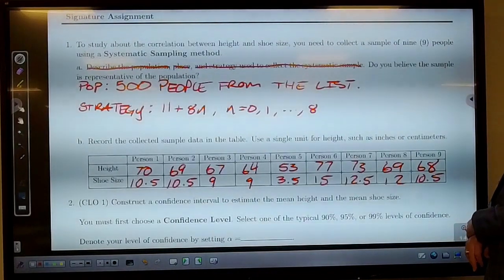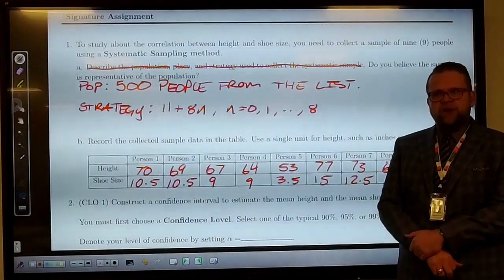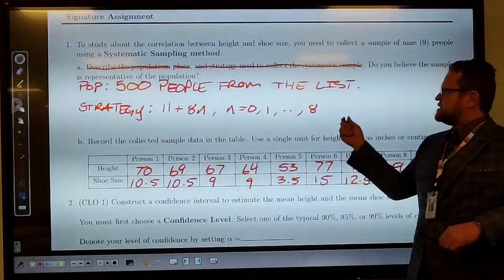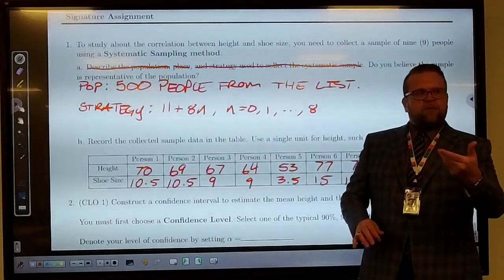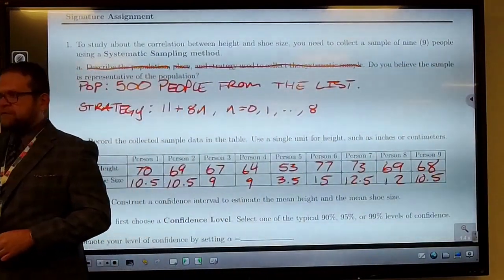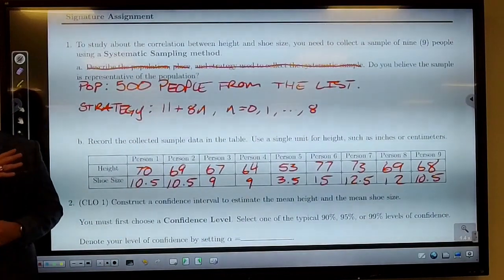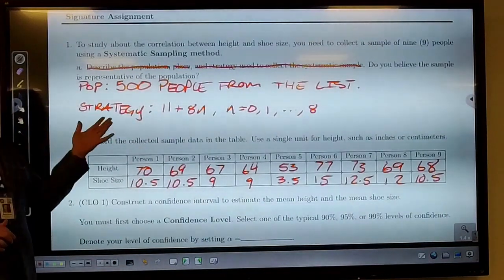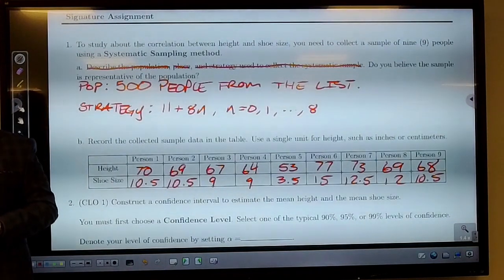When people make the claim that it does not represent the population, the number one citation they make is that it's an insufficient quantity. But remember, we talked about how to decide what is the correct sample size, and we're not asked to do that here. So I claim that that last question does not really have a right or wrong answer.